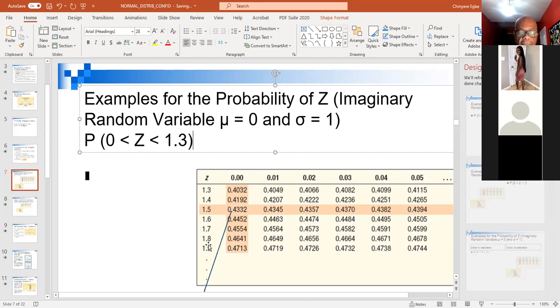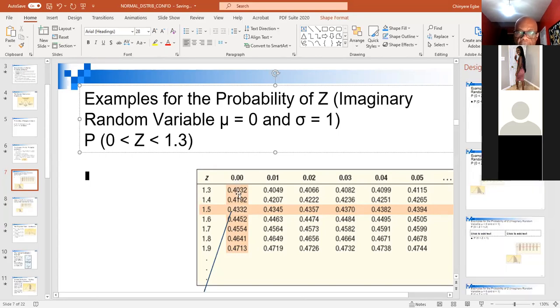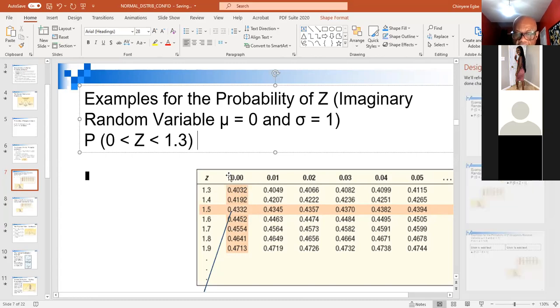Now, if you look at your table, you see that you go from 0 to 1.3, you see the probability is 0.4032. Okay. And so this will be 0.4032, which is equal to 40.32%.